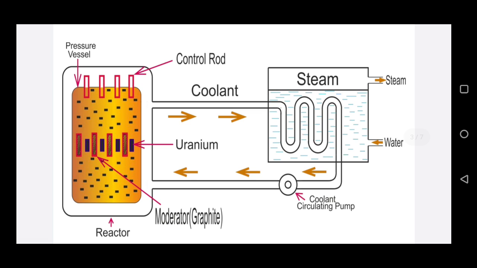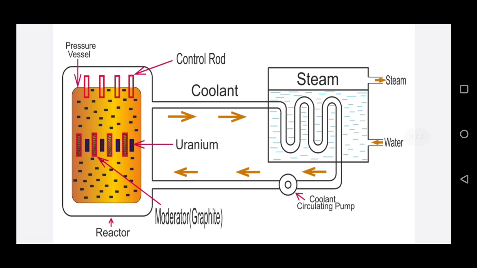When the atoms of these unstable elements are bombarded with neutrons, these heavy nuclei split into 2 or 3 lighter nuclei with the liberation of an enormous amount of heat. It also releases gamma radiations and several high speed neutrons.